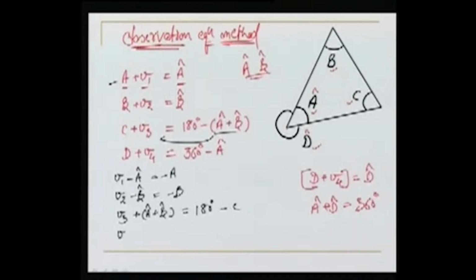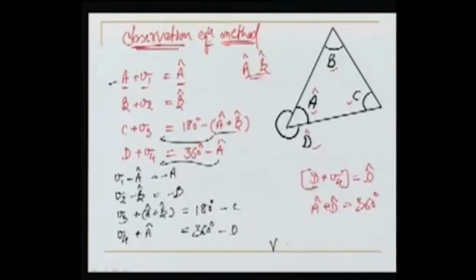Then V4 plus A hat, this A hat comes here, V4 plus A hat is 360 minus D.